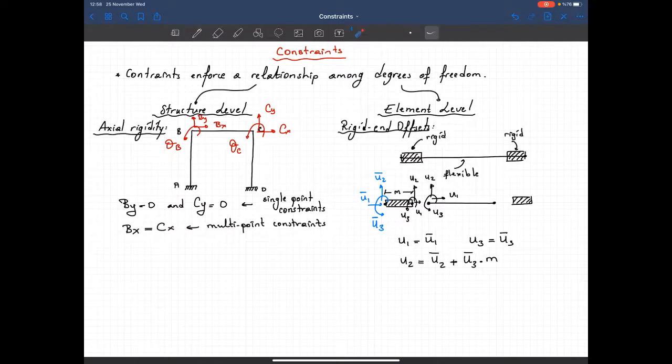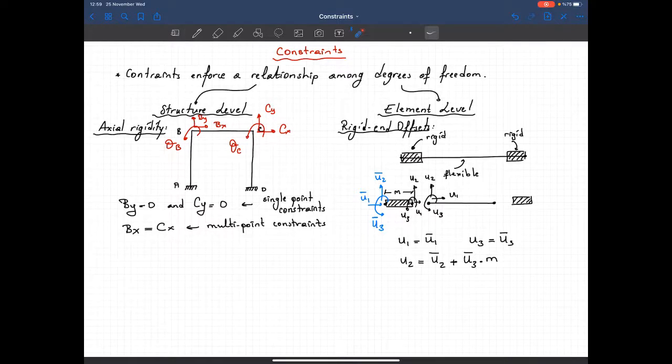So as you see, if I want to formulate an element like this, the first thing that I will do is to write a relationship between the degrees of freedom and impose these relationships in the stiffness matrix calculations. Okay, we will talk about that in the upcoming classes.